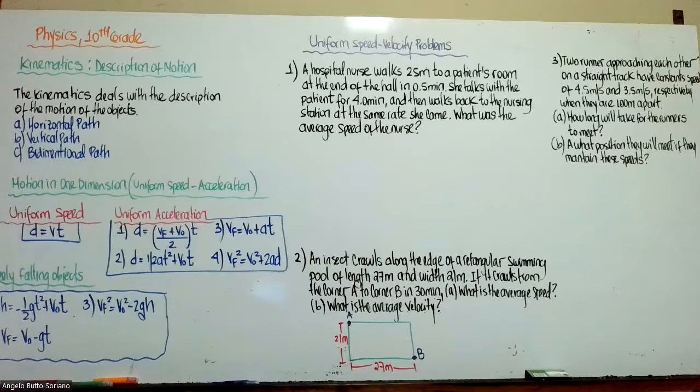There's another consideration. When any object reaches the maximum height, the final vertical velocity will be 0. Why? Because there's an air resistance force that decreases the speed of the object when it moves upward. And regarding the period of time, when you throw an object upward and it moves downward over the same height, the upward period of time will be the same as the downward period of time.